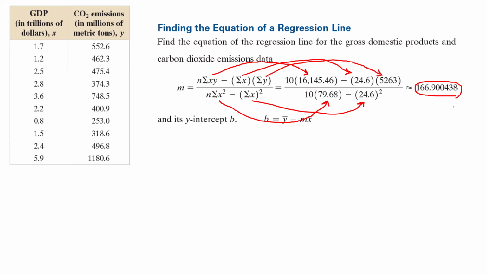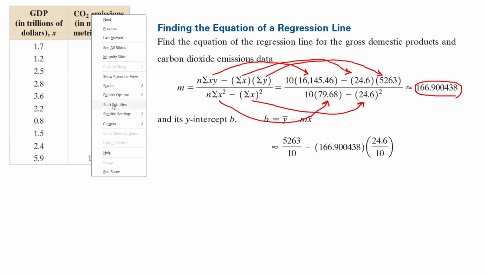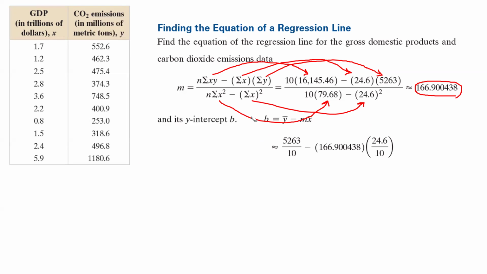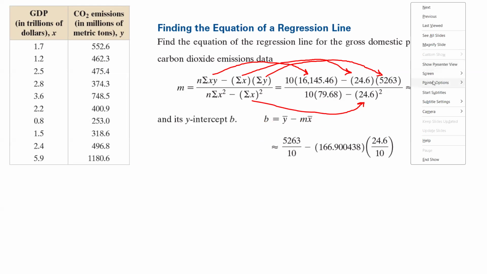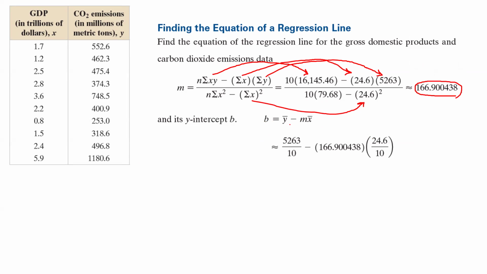Now for the y-intercept b. Remember, the formula was y bar minus m times x bar. y bar, which is the average of your y values, and your x bar, which is the average of your x values. y bar is 5,263 divided by 10.